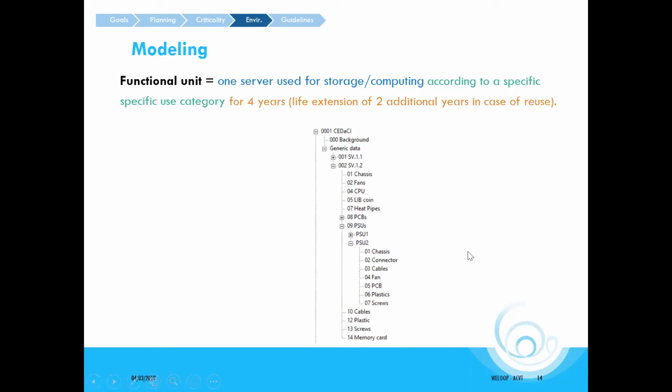Here you can see the tree structure of the actual modeling on SimaPro. So it's for a server, and we decided to model each part of the server independently. So here there is chassis, fan, CPU, etc. And also this modeling was based on the dismantling reports provided by stakeholders.